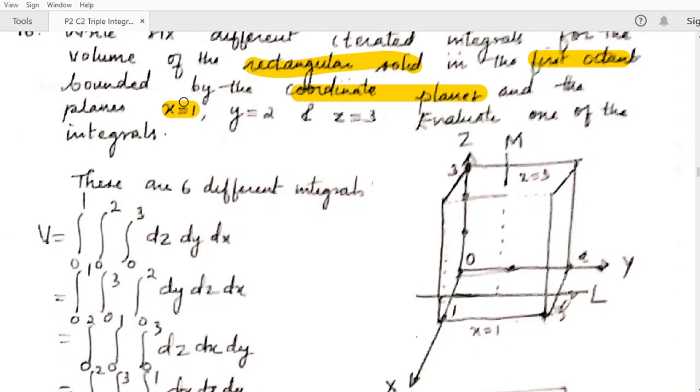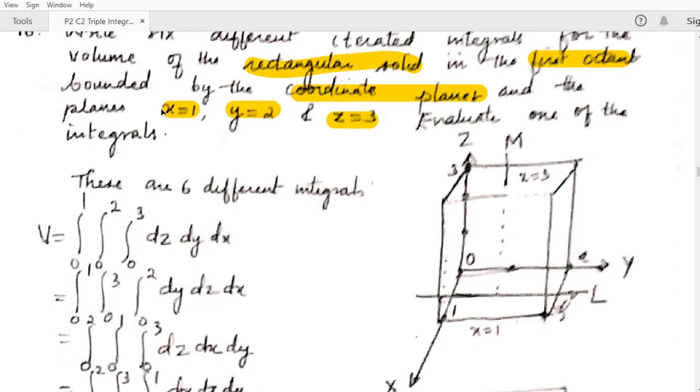But in case of a three-dimensional space, when we say x equal to 1, it is a plane. Similarly, y equal to 2 is a line in two-dimensional space, but it will be a plane in three-dimensional space. And also z equal to 3 is a plane in three-dimensional space.